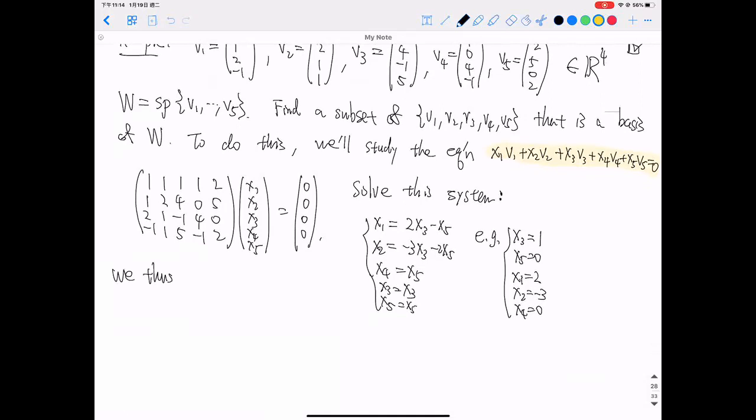Now with this solution chosen, we can plug it back into this linear equation. That gives us the following linear combination: 2v1 minus 3v2 plus v3 equal to 0.